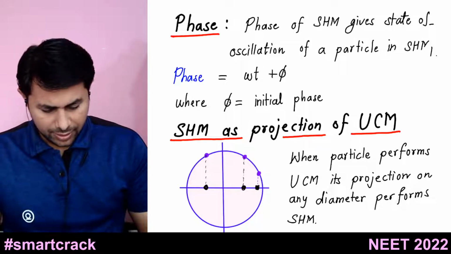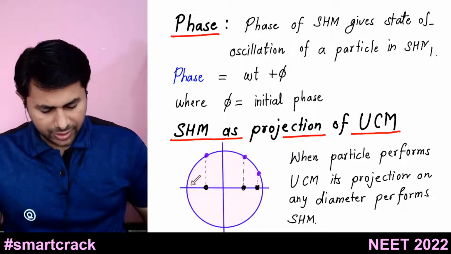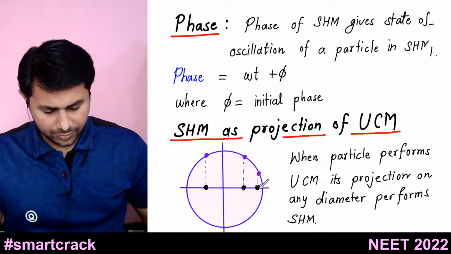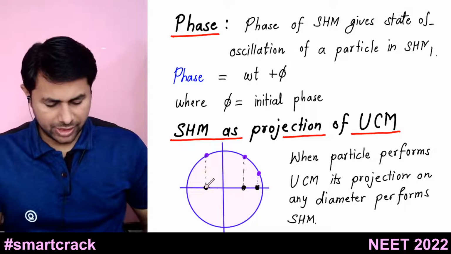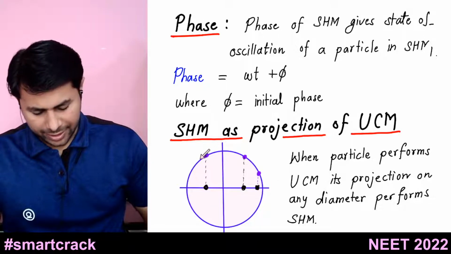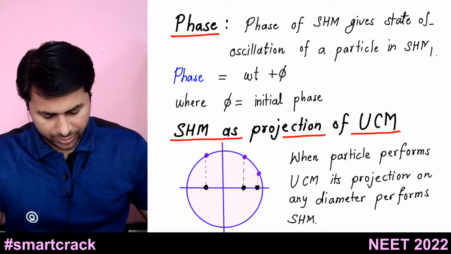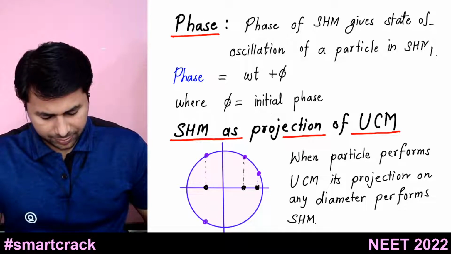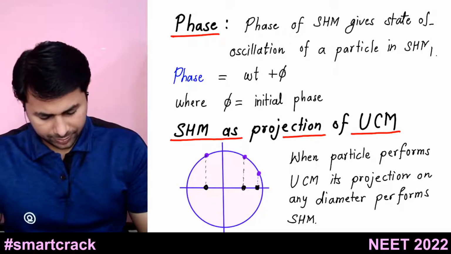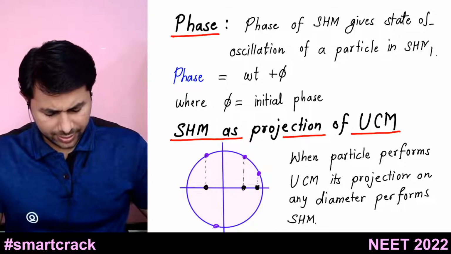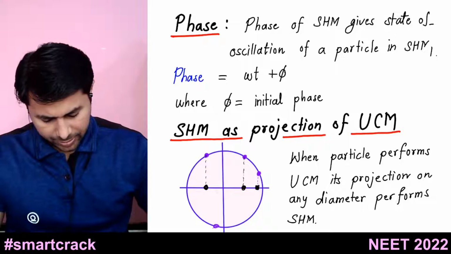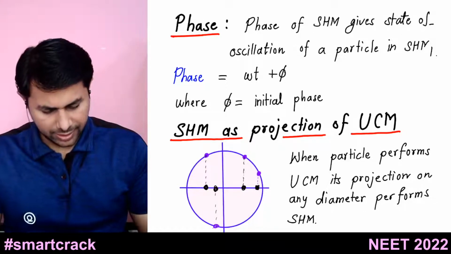So see, as the particle is performing uniform circular motion, its mirror image or its projection is performing oscillations. Okay, it's going like this. Then as the particle moves from here to here, let's say here, so its projection will come over here, right?